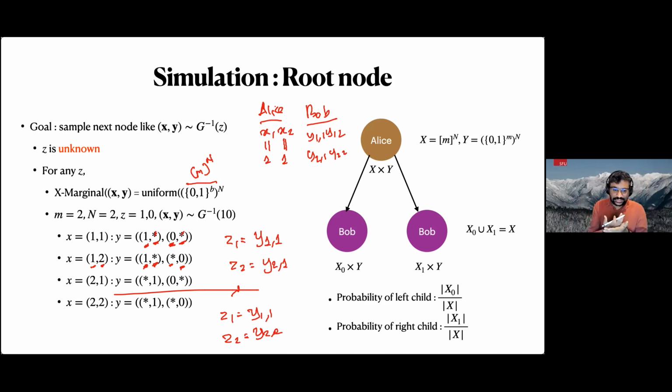So this shows, by a simple proof, that at the root node at least, the X marginal of X comma Y from any particular G inverse of Z is equal to the uniform distribution on M to the N. Okay, so this gives us a chance to sample the next bit according to this distribution of bold X comma Y, which is from G inverse of Z.